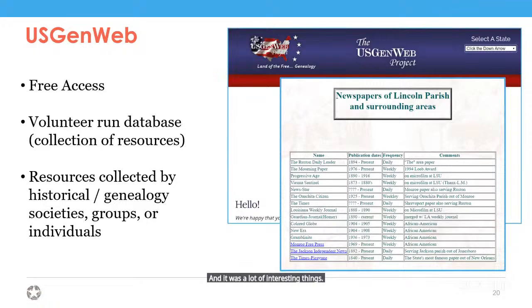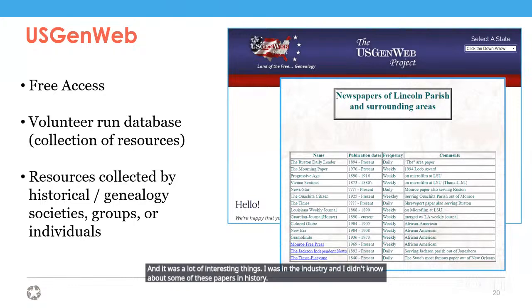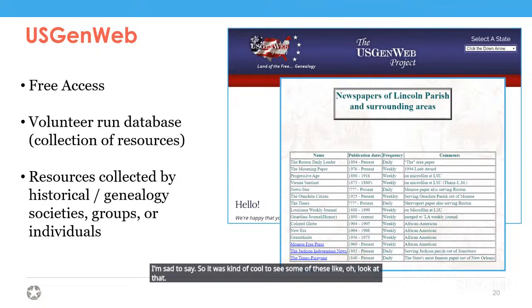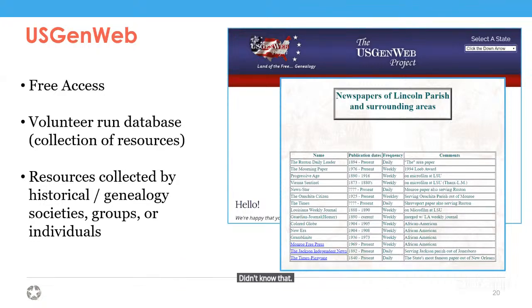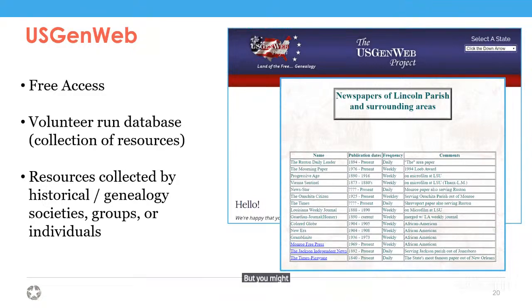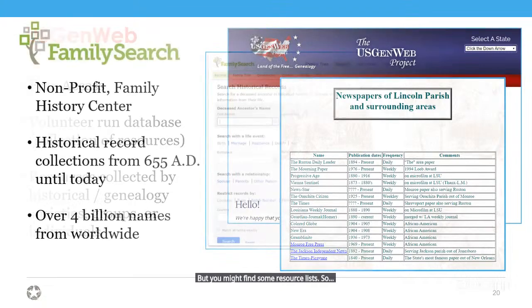I was in the industry and I didn't know about some of these papers in history, I'm sad to say. So it was kind of cool to see some of these, like, oh, look at that. Didn't know that. So your mileage may vary. Like I said, it depends on the county and the state, but you might find some resource list. So leave no stone unturned.